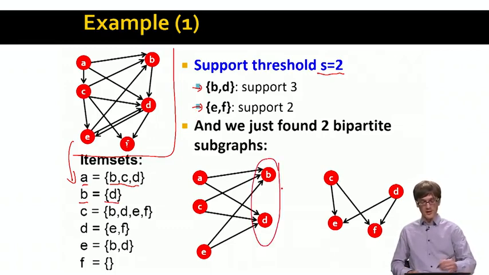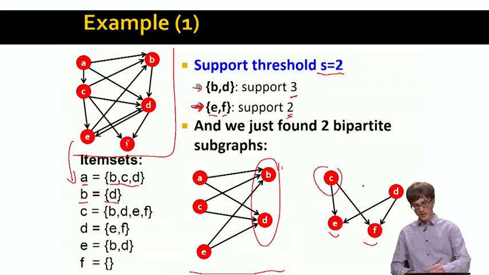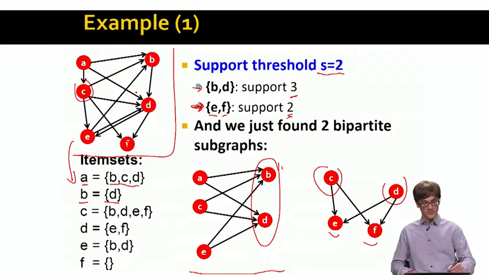I found the set BD that has support 3, which means that there are 3 nodes A, C, and E that point to both B and D, which is the subgraph that I find here. And then the second bipartite subgraph we have extracted has the nodes E and F. It has support 2, which basically means that there are 2 other nodes, in this case C and D, that both point to E and F.